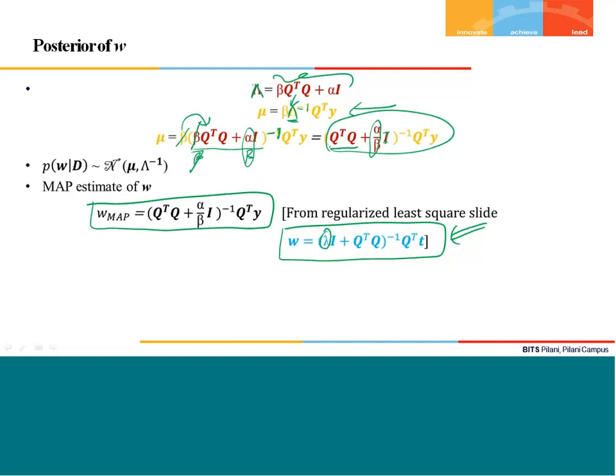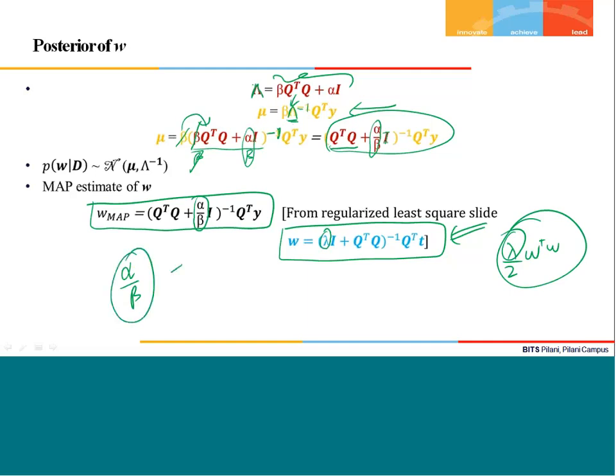Remember, lambda by 2 W transpose W. This is the lambda we have used for regularization, and here the regularization term is alpha by beta. One last note on it: this alpha by beta is equal to the lambda in regularization.